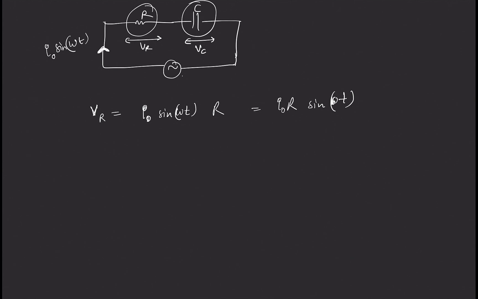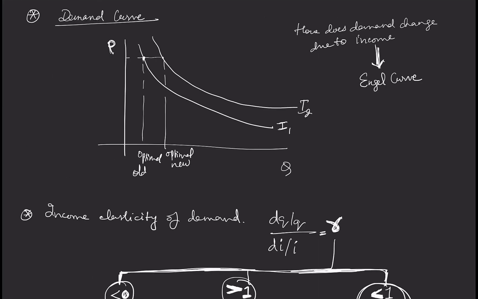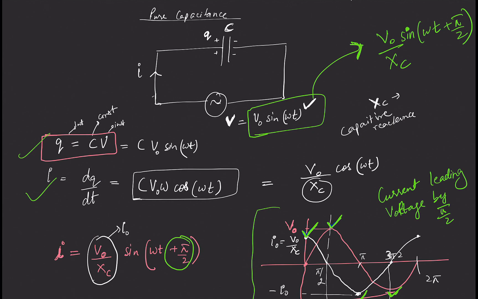But for the capacitance, if you remember, in a capacitance current leads voltage, which means voltage lags behind current.